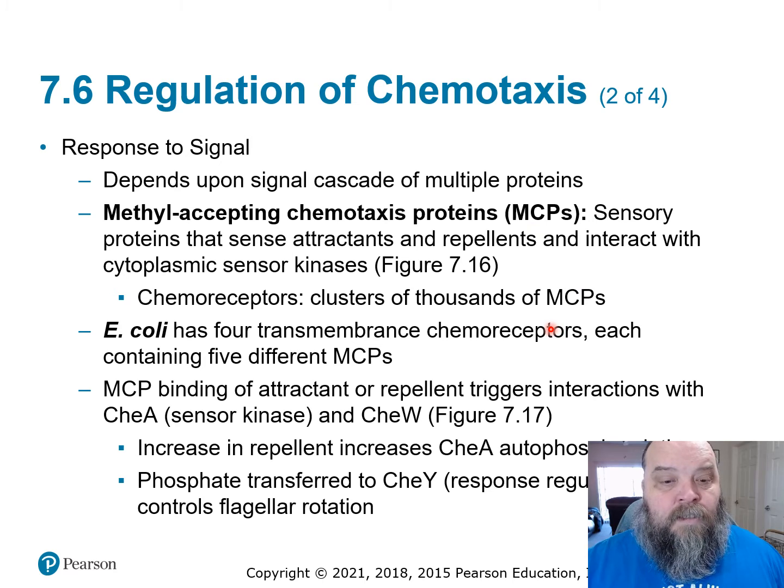These are sensory proteins that sense attractants or repellents, depending upon which MCP it is, and then will activate some proteins in the cytoplasm. You'll see that these will cluster together in the membranes, forming what are referred to as chemoreceptors, chemical receptors. Some of these chemoreceptors respond to attractants, sugars, things like that, and others respond to repellents, such as changes in pH.